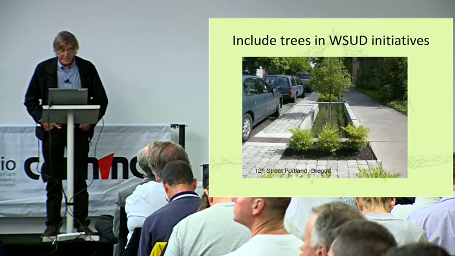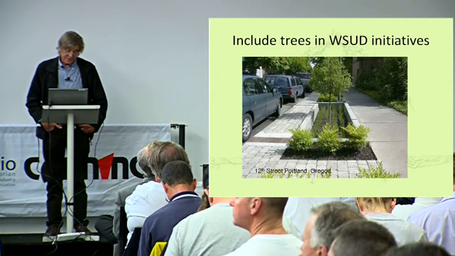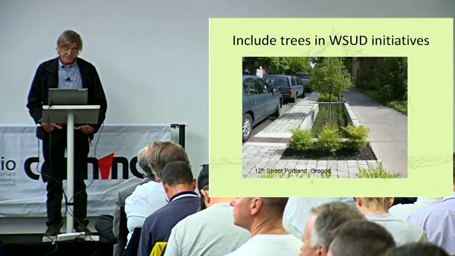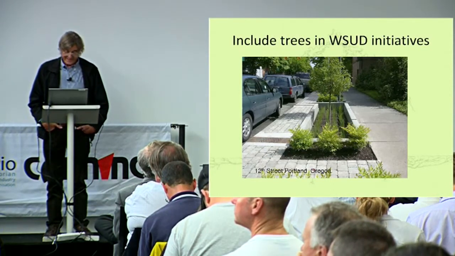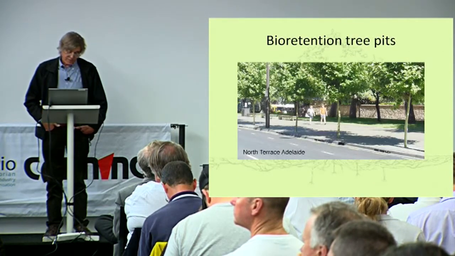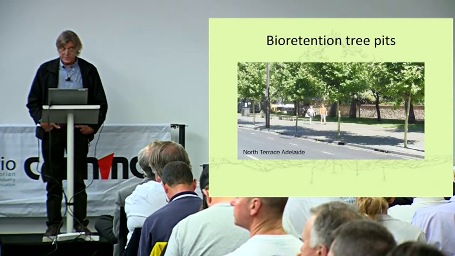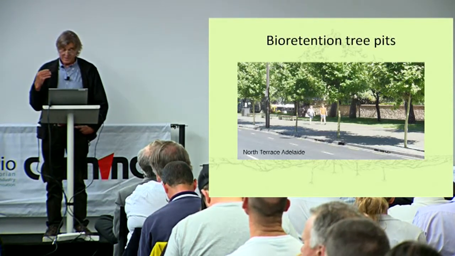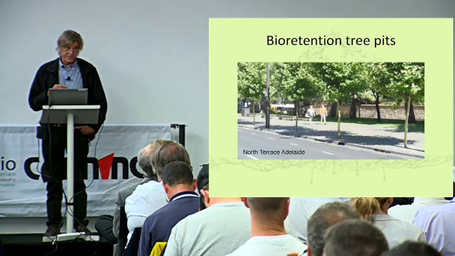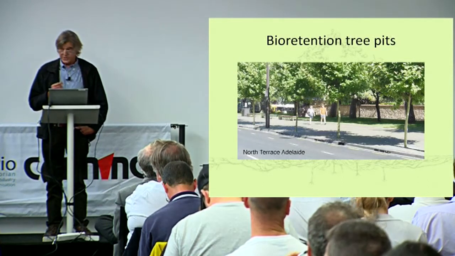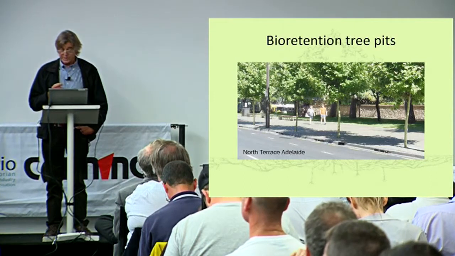The final option I want to look at is including trees in water-sensitive urban design initiatives. Obviously one of those is bioretention tree pits. Victoria is probably the place where this concept of bioretention tree pits has been most advanced, at Monash University and through Melbourne Water.